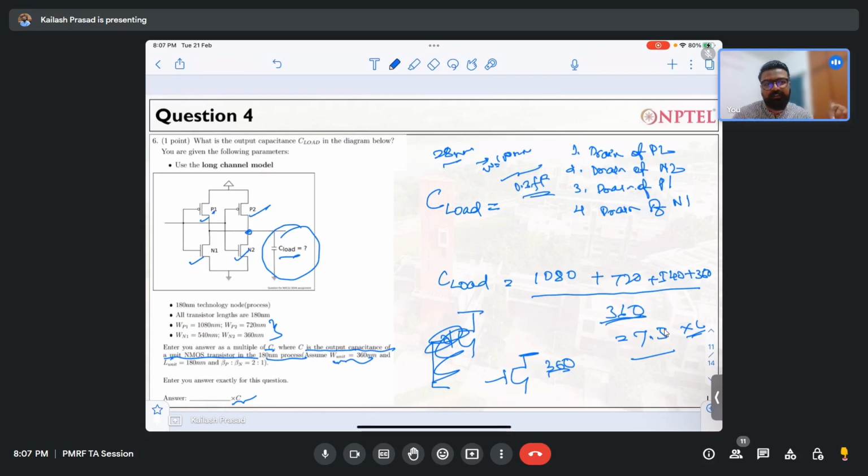This I have simulated, so I can tell you the numbers. I won't tell which technology it is, but it happens on the order of femtofarad. If you have a larger transistor, the capacitance will grow accordingly. Did I answer your question? Yes, thank you.